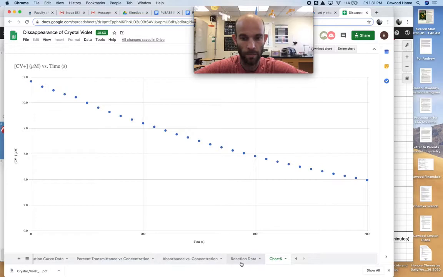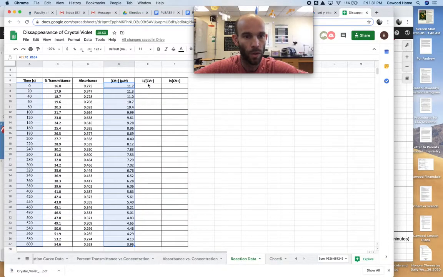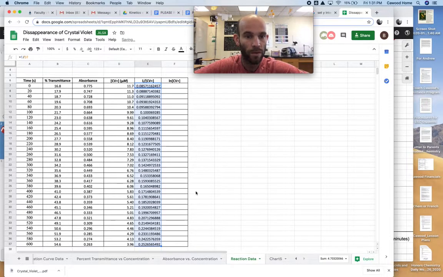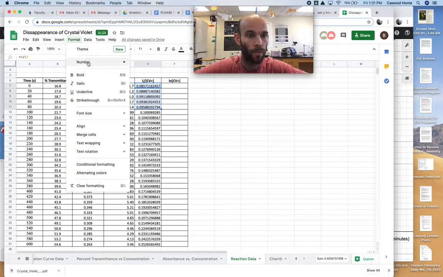Back to the data. We can also try the reciprocal of concentration and graph that versus time. So we take our data for concentration, which we've determined using the calibration curve, and now we go 1 divided by concentration. So 1 divided by that cell, and we can take that and drag it all the way down. All of these values get 3 significant figures. So these ones can go to the 10,000th place.